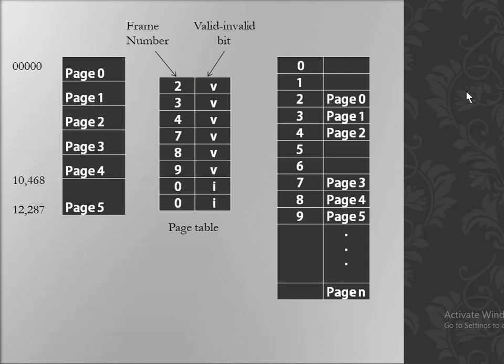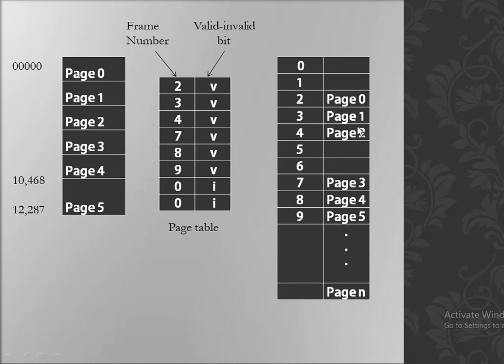When this bit is set to valid, it means the associated page is in the process's logical address space. If we set it to V, the page is in the process's logical address space, this is a legal page, and you can access it.